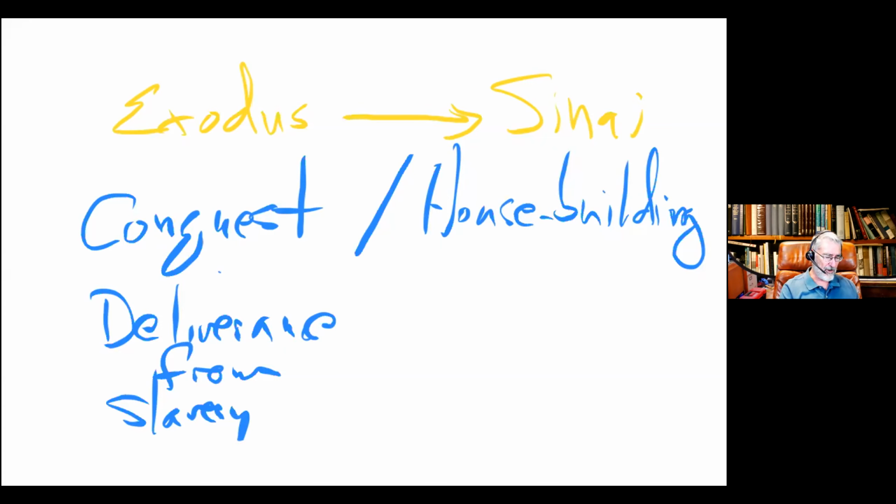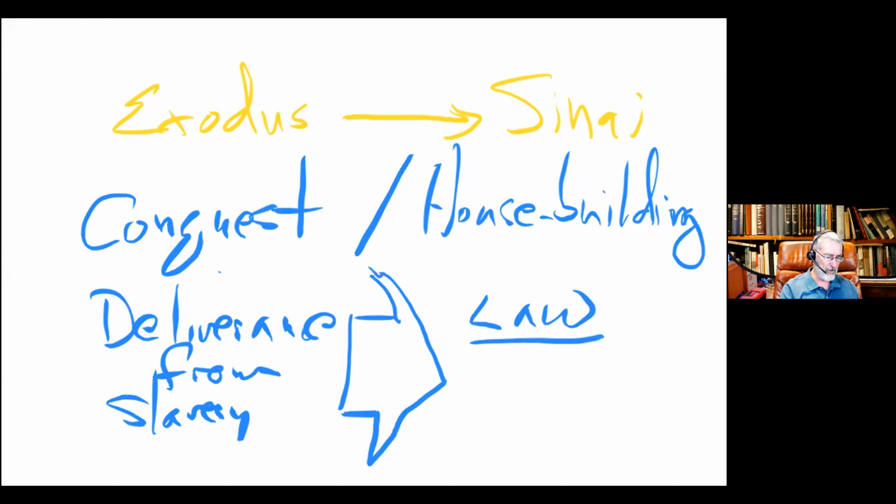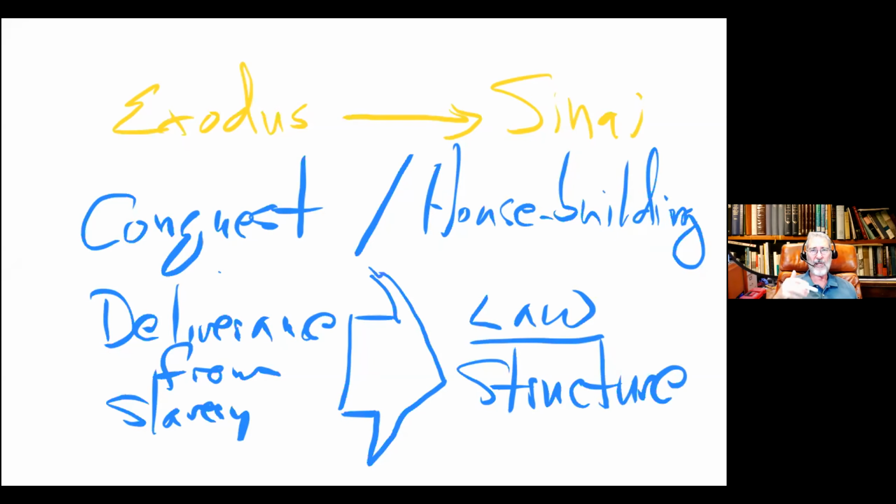And from this deliverance from slavery in Egypt, the people of Israel were led out into the wilderness where the law was given. The law was meant to provide a structure within which the people of Israel could freely serve God.